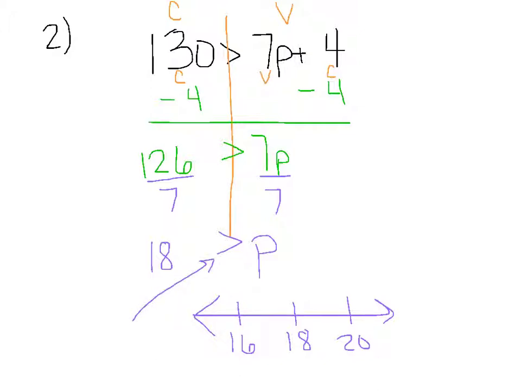It doesn't have a line underneath, so I know that my circle is going to be open. So I'm going to go ahead and put an open circle on 18. And then I want the p's that are smaller. Do you see how that's the small side of the arrow? So I want the p values that are smaller than 18. And the p's, or the numbers, are smaller on the left. So I'm going to shade to the left.